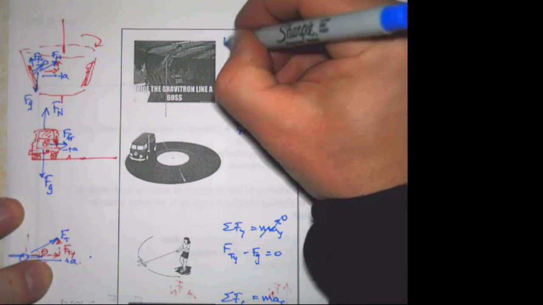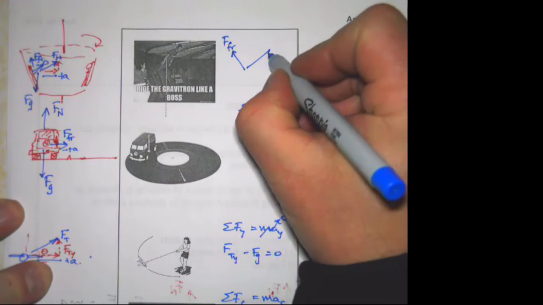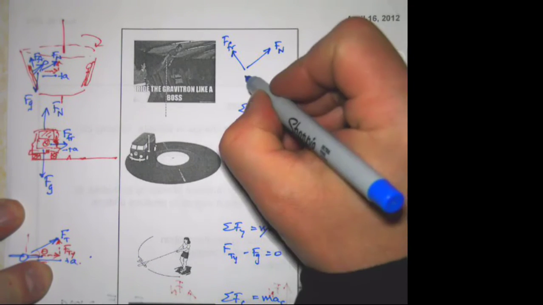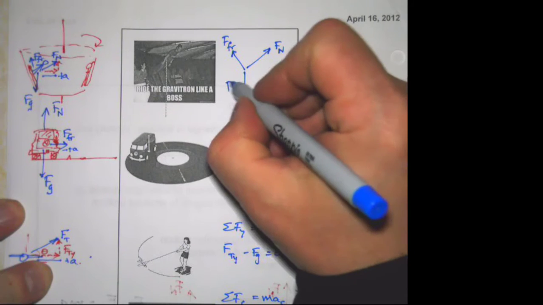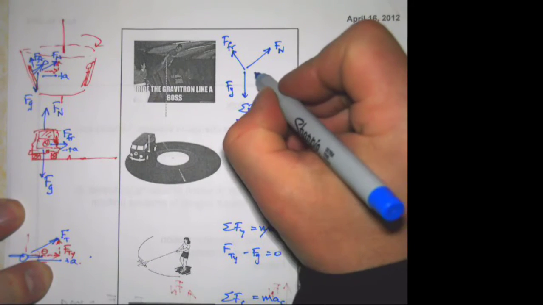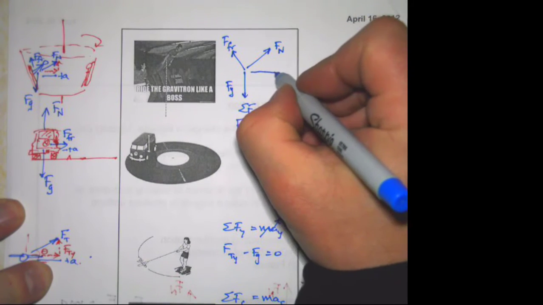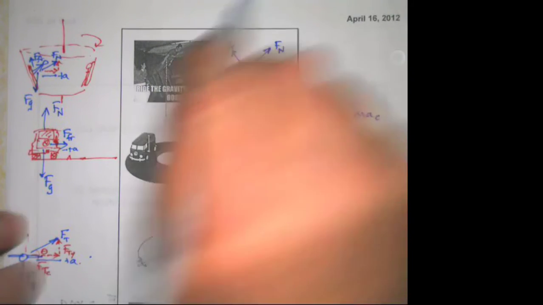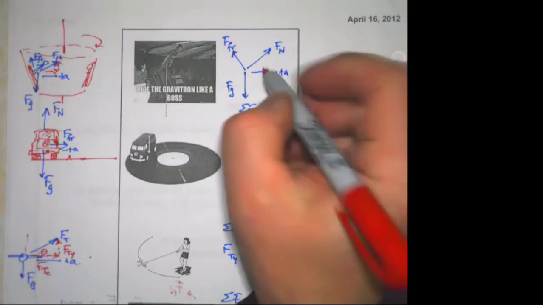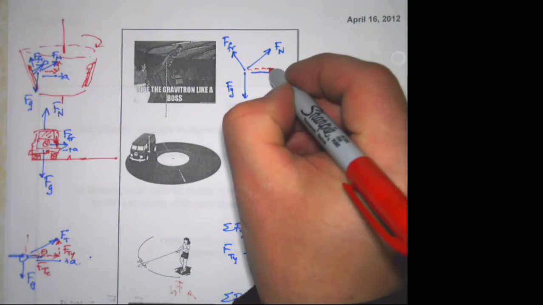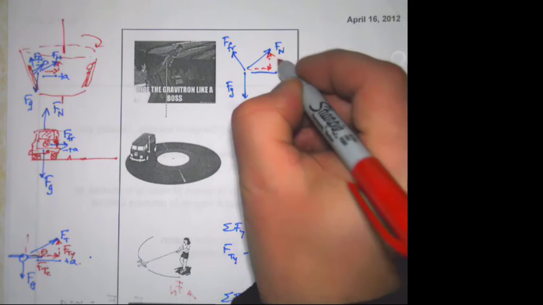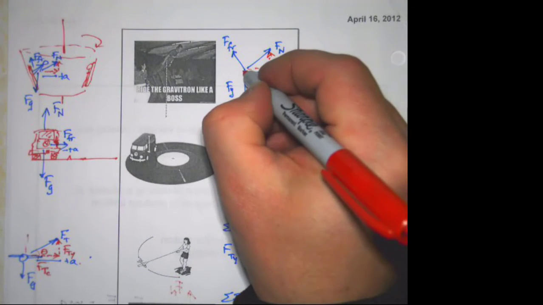Force of friction. Normal force. Fg. Direction of acceleration is like this. So it's a little bit easier to see now that we will have to resolve this and this one.